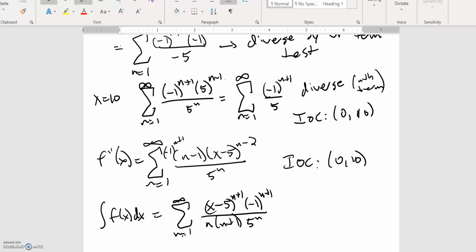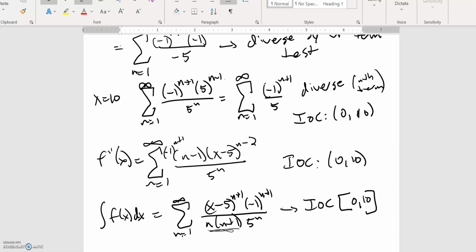I did this all on paper here. And this one, when you plug in both 0 and 10, they both converge, because what you end up getting is a lot of stuff canceling, but this n and n plus 1 in the bottom here can converge because of the p series. It's going to be a p series with that stuff in the denominator. And so I got the IOC to be 0 to 10.